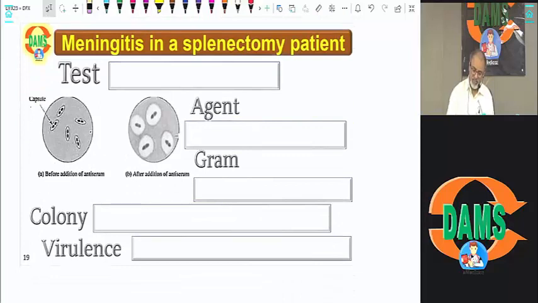Meningitis in a splenectomy patient. Any splenectomy patient may get infection from capsulated pathogens. What are the capsulated pathogens? NHS organisms. Okay, see carefully here. Before adding antiserum, after adding antiserum, there is swelling of capsule.